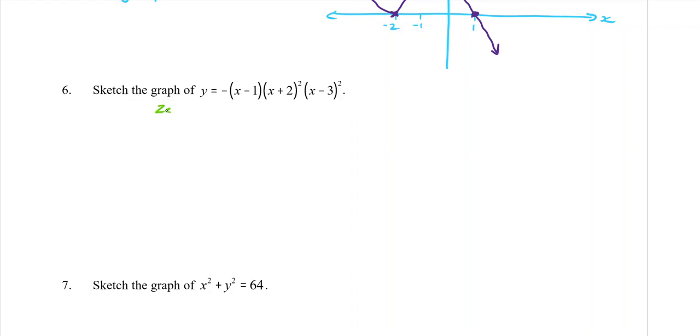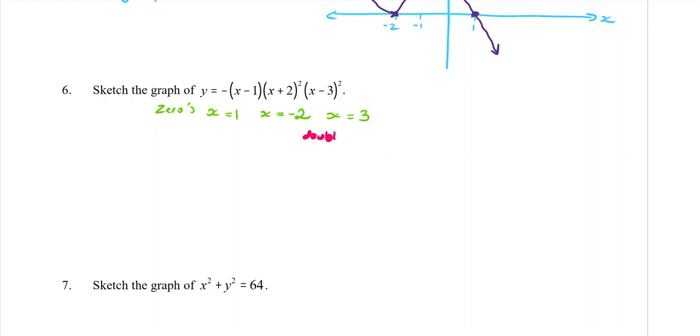So the zeros are, from the first bracket, x equals 1. What do we get? x equals 1, x equals minus 2, and x equals 3.